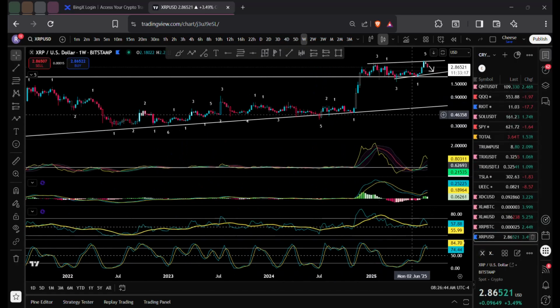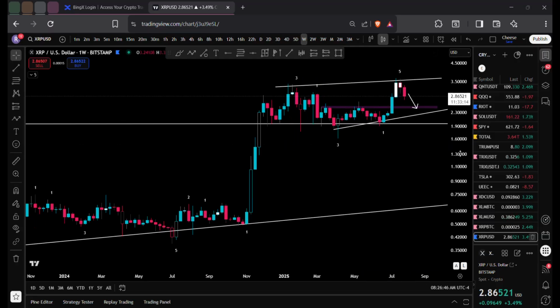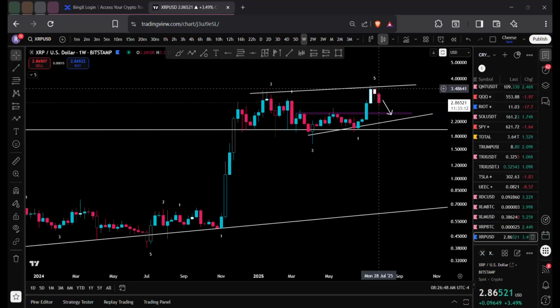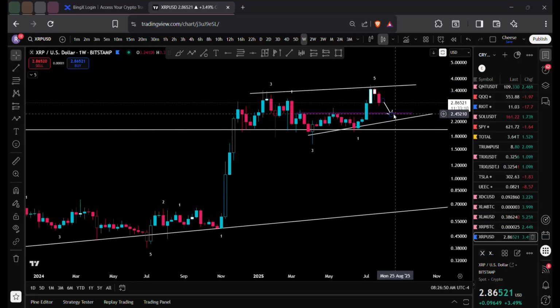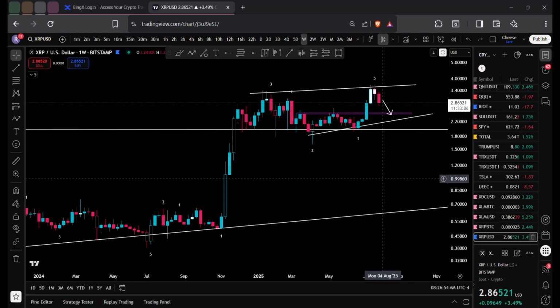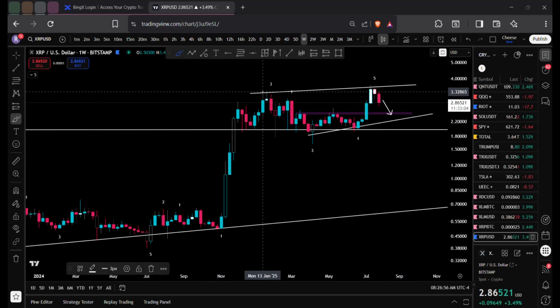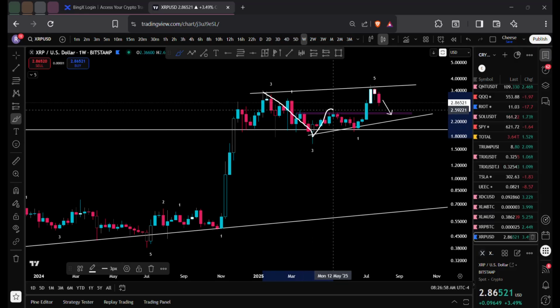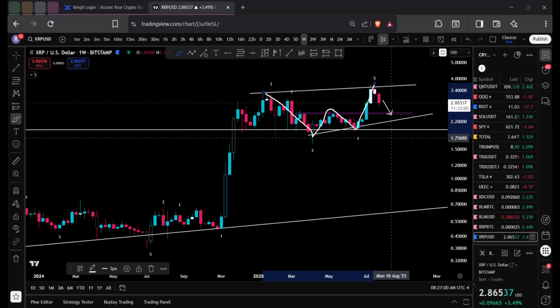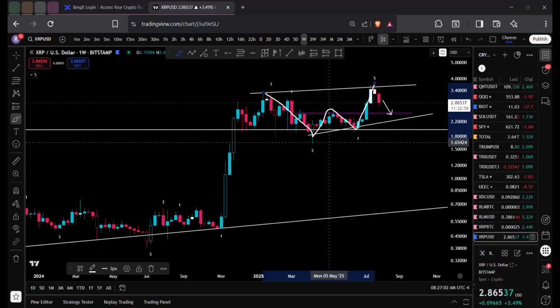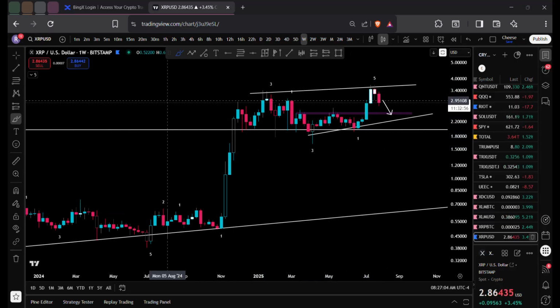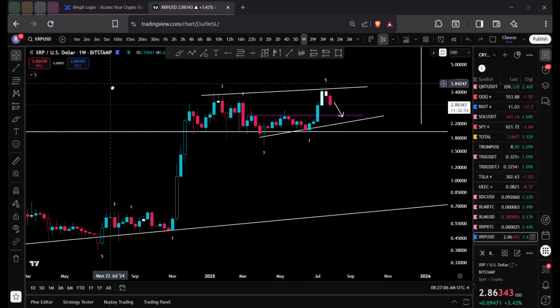I'll leave you guys with this. I don't chase green candles. I mentioned how we could be forming a top, and I'd like to be buying more XRP at $2.52 to $2.40. This W pattern is 1, 2, 3, 4. Once the move happens, you then need to allow the market to reform itself and see what it's going to do.